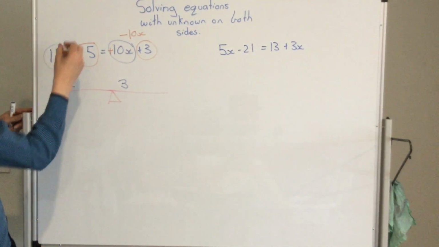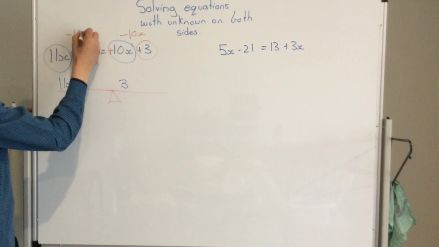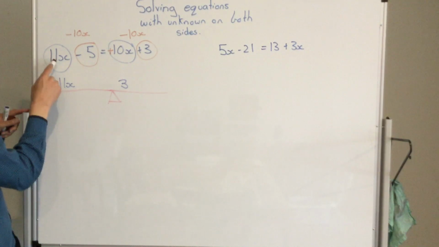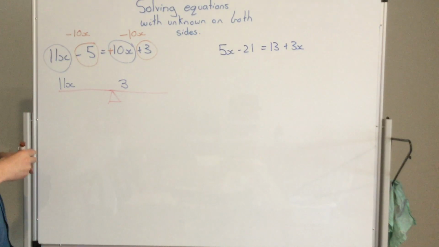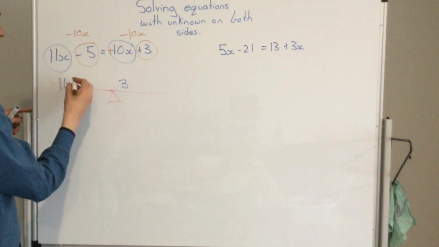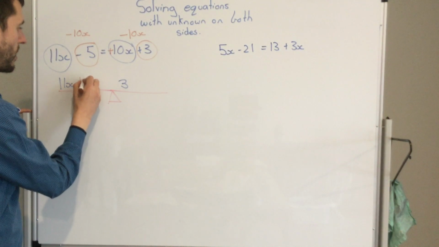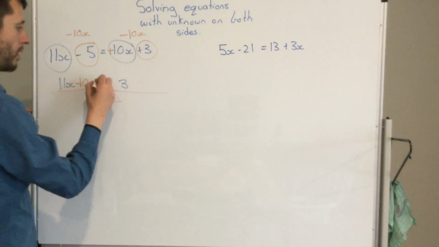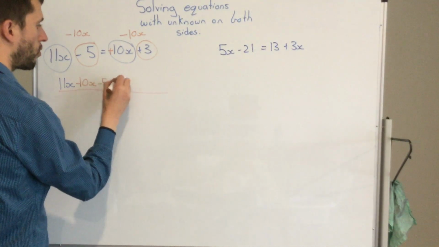I won't have it. But I need to minus it on this side as well because it's an equal sign, like a balancing beam. 11x take 10x, take 5 equals 3.